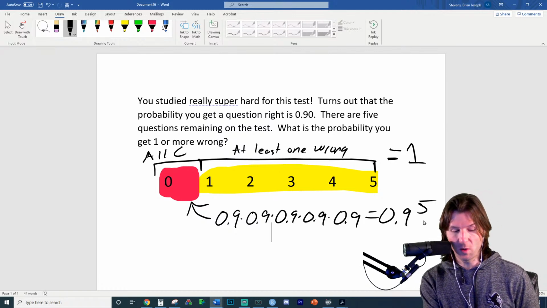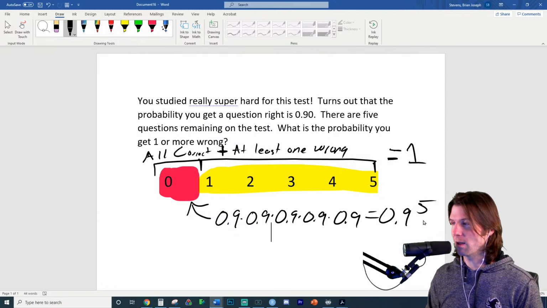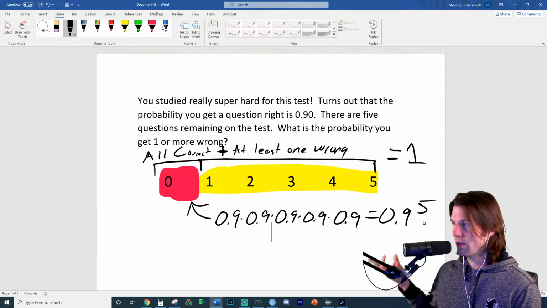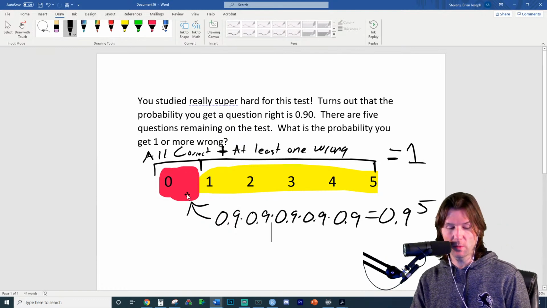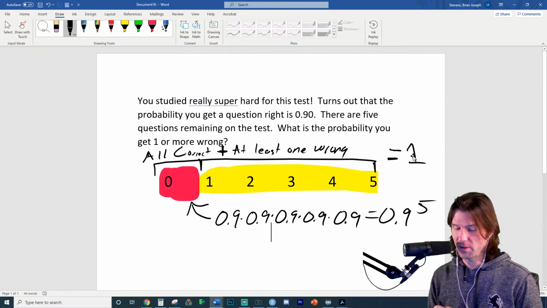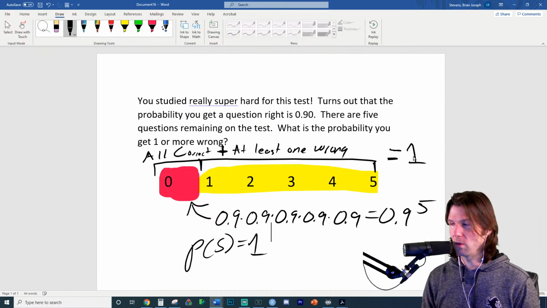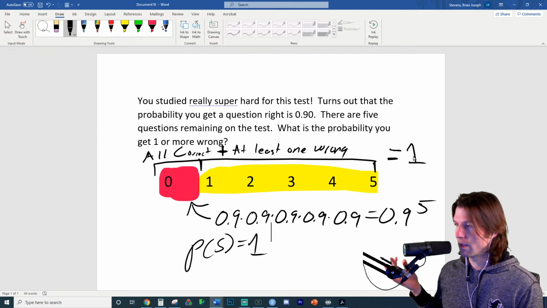So either you'll get them all correct, or at least 1 wrong. And you see, we just did it mathematically. You're either going to get them all correct or at least 1 wrong, which is when we say the probability of the sample space is equal to 1. So this is saying one of these things must occur.